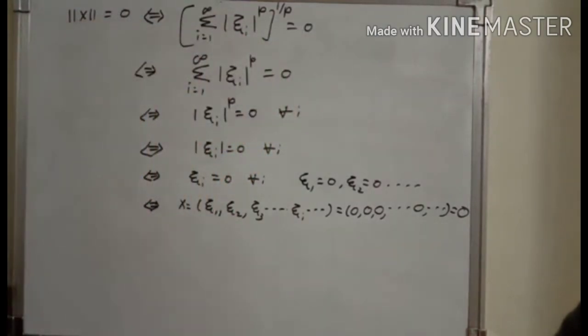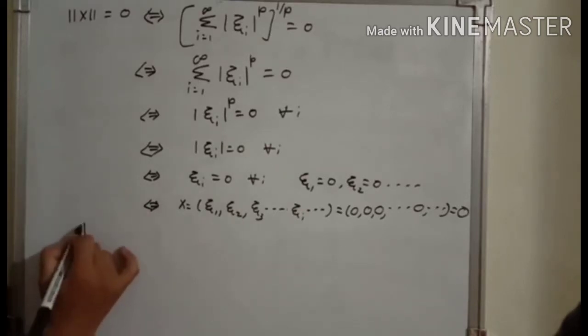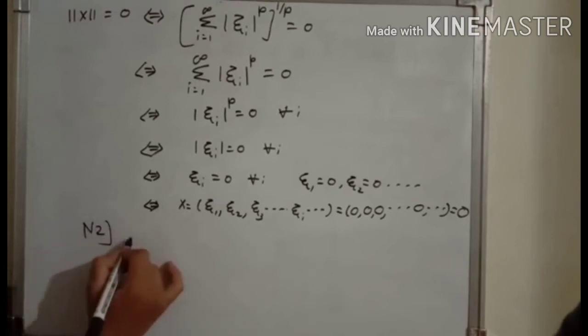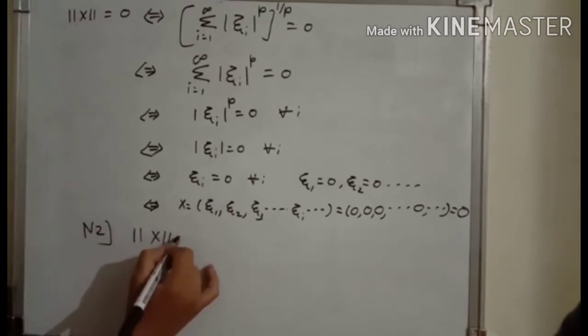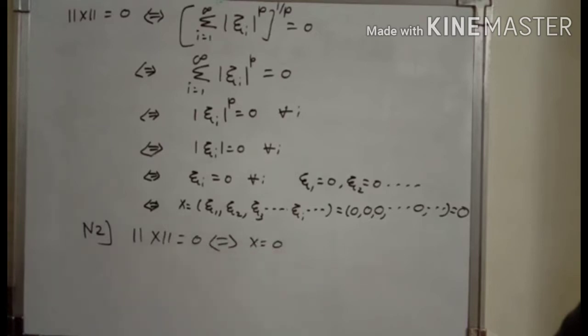In this way we prove norm of x equals 0 if and only if x equals 0, and therefore we say that the norm defined on l^p satisfies the second property, that norm of x equals 0 if and only if x equals 0. In this way the norm defined on l^p satisfies the second property of a norm.